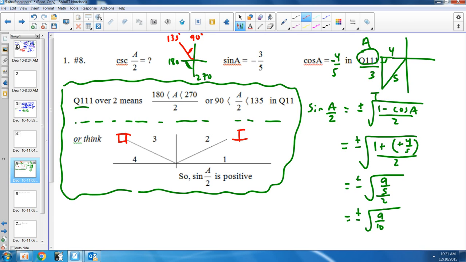So your angle in 4 means that your half angle goes to quadrant 2. Your angle in 3 now moves to the second quadrant, so your half angle is going to be in quadrant 2. And then if your angle is in quadrant 1 or 2, it's going to move to quadrant 1 for the half angle. So this is a shortcut in terms of knowing where the half angle moves to. And it's pretty easy to see.